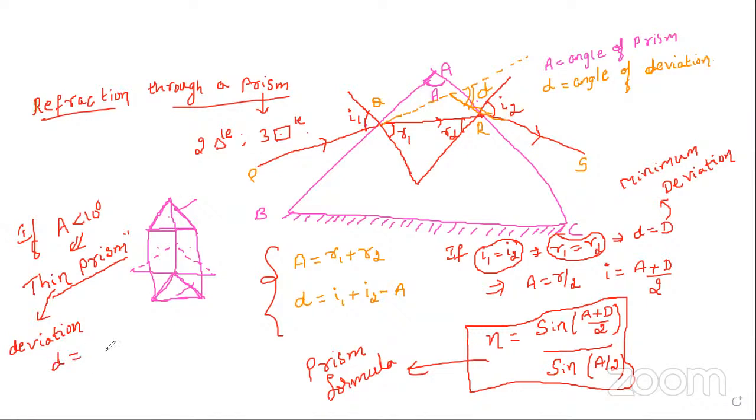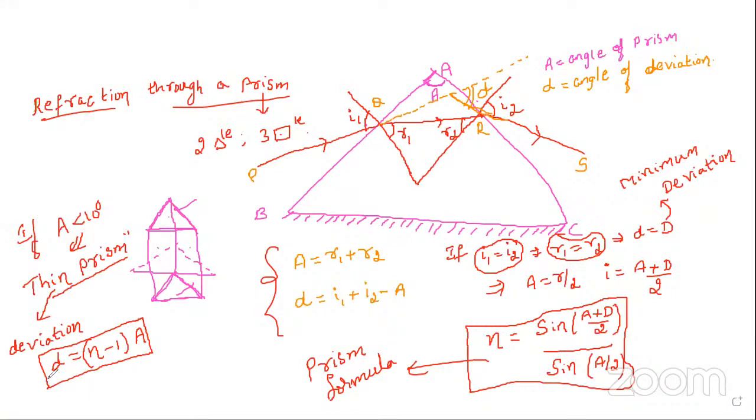Please remember the deviation for thin prism. Deviation for thin prism is given by the formula (n minus 1) into A. What is the deviation formula? (n minus 1) into A. You can consider this deviation formula only for which prism? Thin prism.